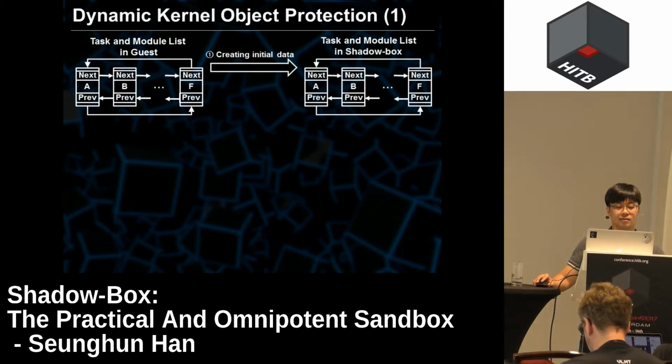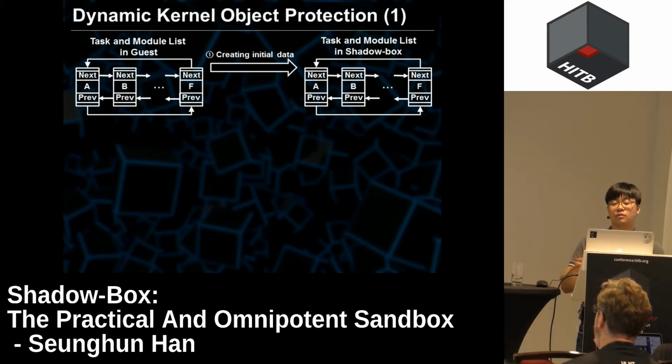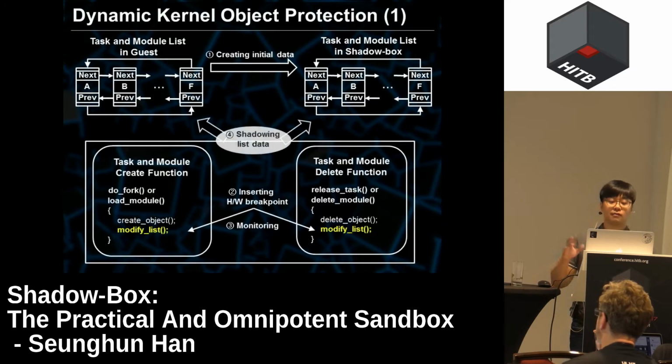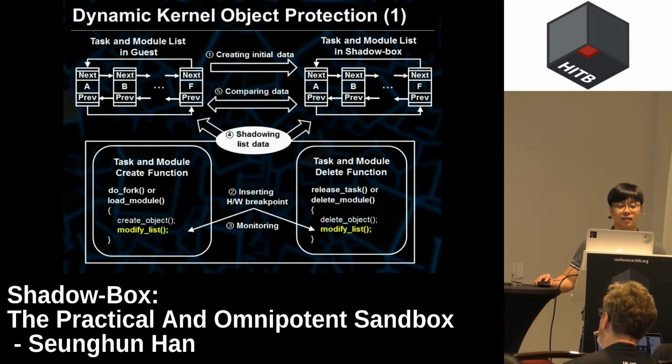To protect lists like this, Shadowbox uses hardware breakpoints on the create and delete functions of process and module. When the lists are changed, Shadowbox catches the event and synchronizes the list in it. Then it compares the list of the guest with the list of Shadowbox periodically using the VM preemption timer.